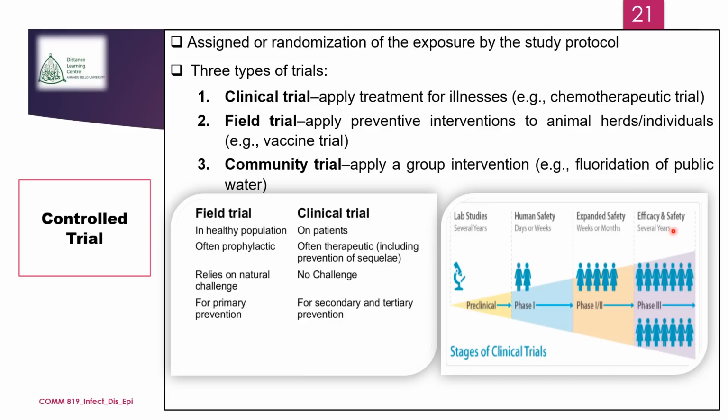Then efficacy and safety usually takes several years. There is phase three, to ascertain its effectiveness and safety before it is eventually released to the public. So this is the general stages of clinical trial of any intervention, whether it be a vaccine or drug.